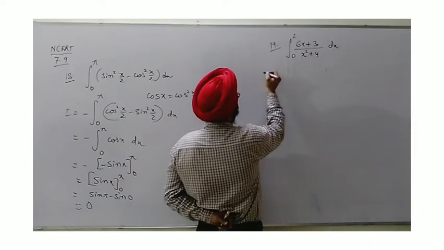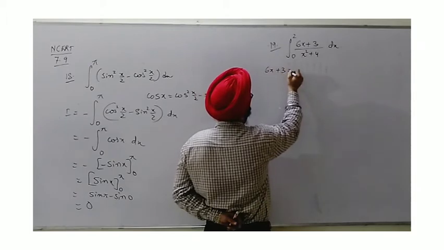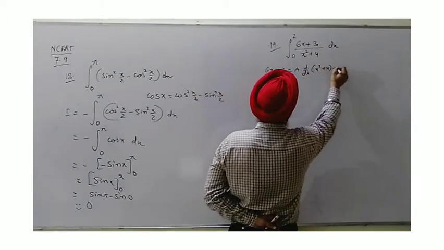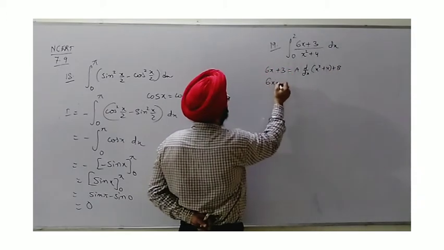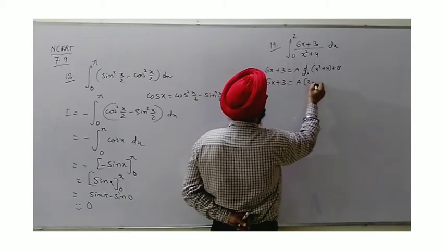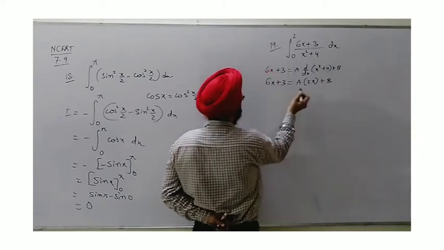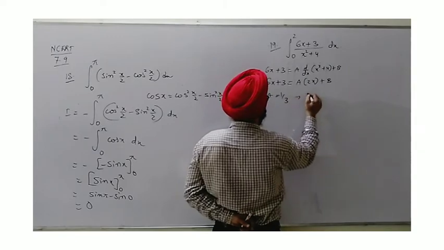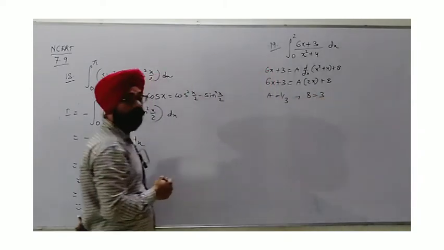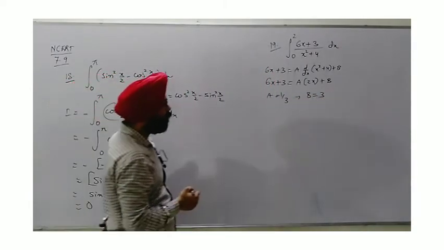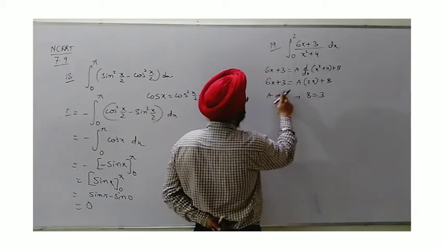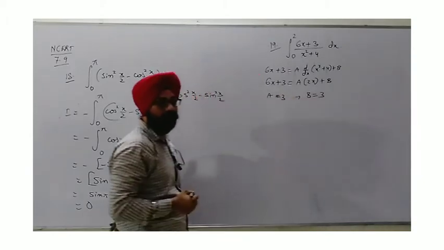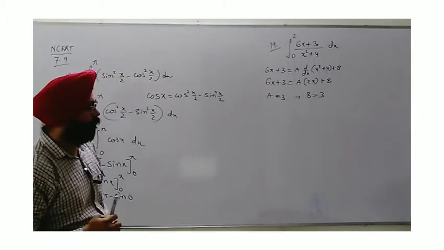Okay. So if I follow that method, 6x plus 3 is equal to a d by dx of x square plus 4 plus b. Easily I find that 6x plus 3 is equal to a 2x plus b, and by comparison, 2a equal to 6, so we can say a equal to 3 and b also equal to 3.